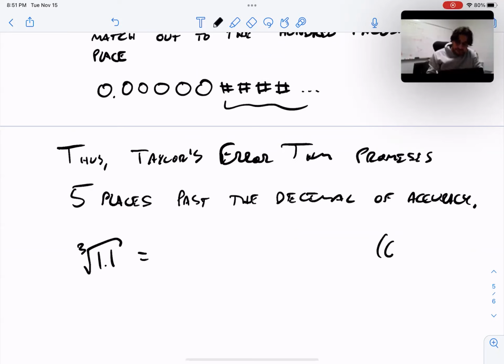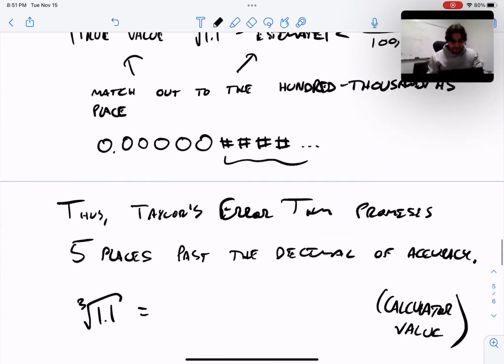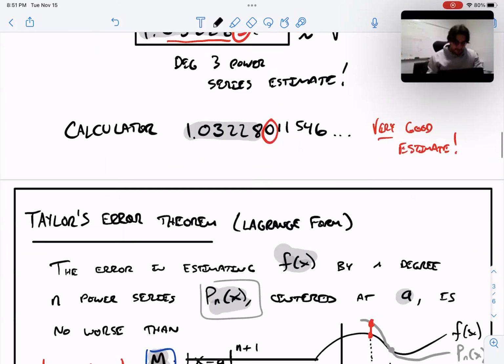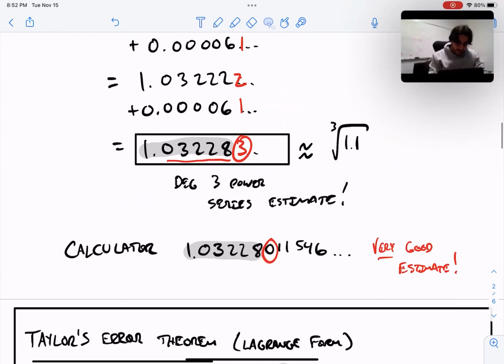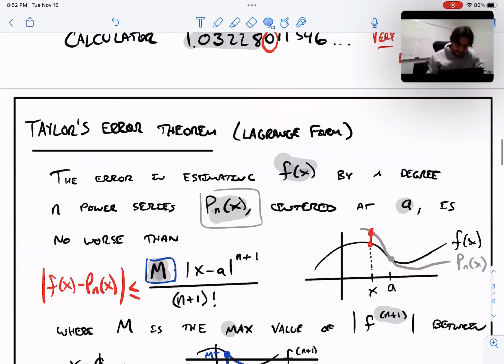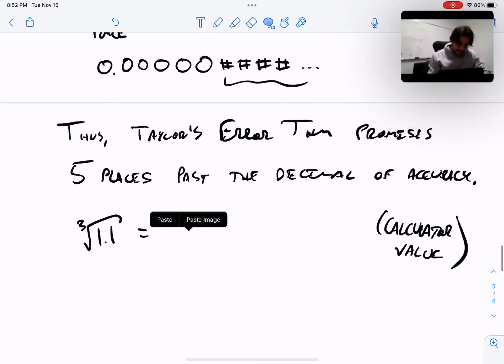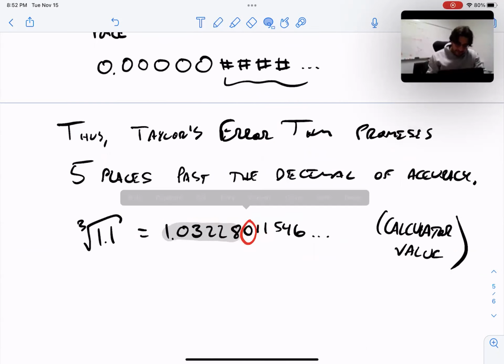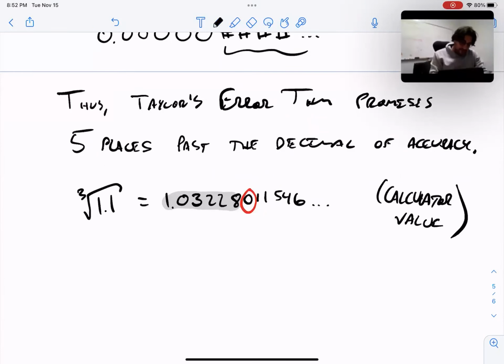If you do, say, a calculator value, right, this comes out to, let's grab it from up here, from where we had our estimate. This is our calculator value, right? So this was the calculator value, and versus this was our estimated value, right? Our degree 3 binomial series estimate.